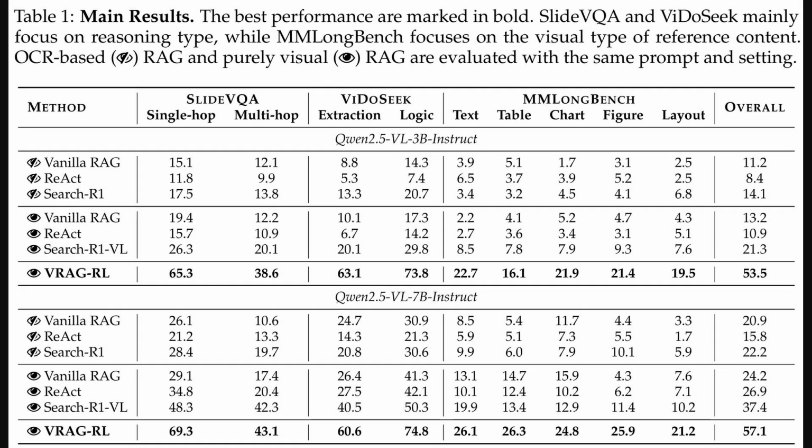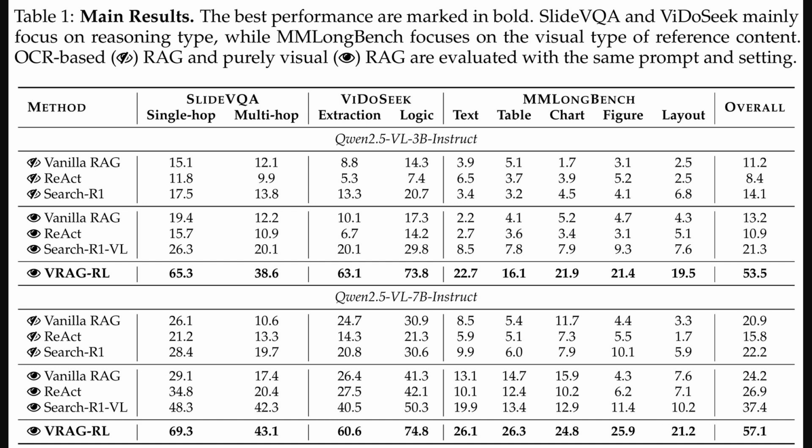Okay, and this table of main results really drives home how effective this selective approach is. It compares VRAG-RL against other methods on several benchmarks like SlideVQA and LongBench, using accuracy as the yardstick. You can see a clear split between methods that use optical character recognition, or OCR, which is just converting images of text into actual text, and those that process the visuals directly.